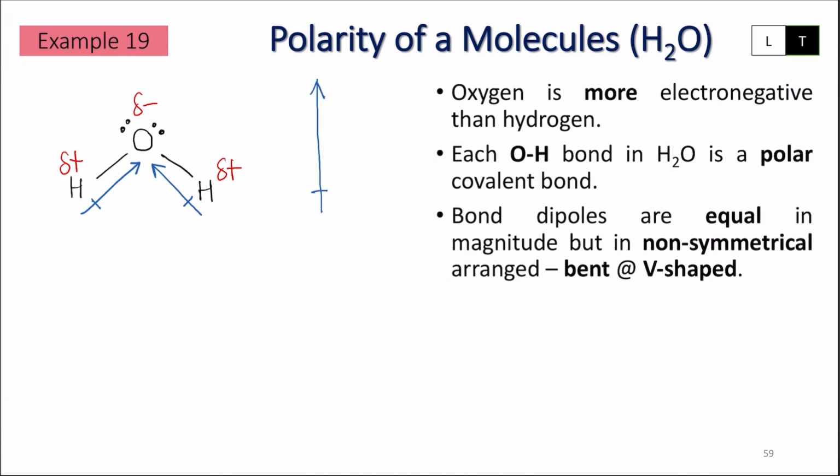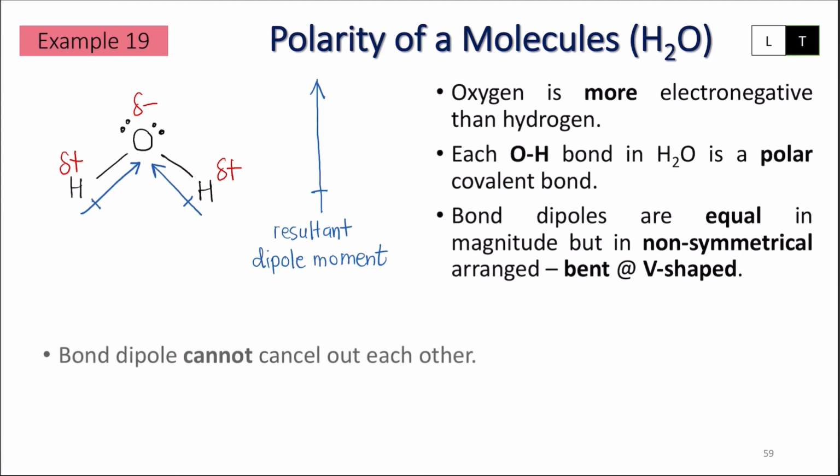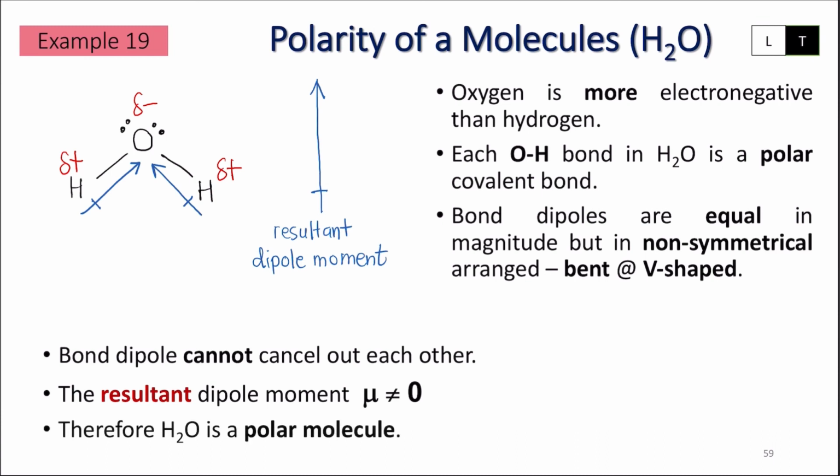So ini adalah saya punya hasil tambah semua dipole moment dalam H2O molecule. Hence, kita boleh nampak resultant dipole moment towards one direction only, so the bond dipole cannot cancel out each other. The resultant dipole moment mu is not equals to 0. So bila mu is not equals to 0, therefore we can conclude H2O is a polar molecule.